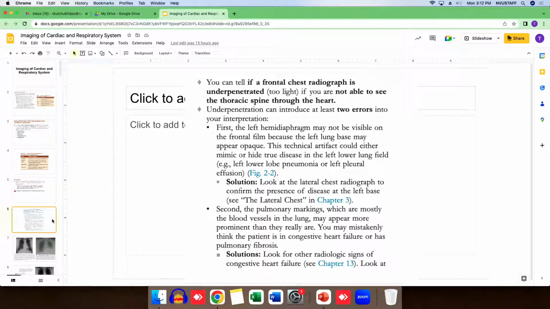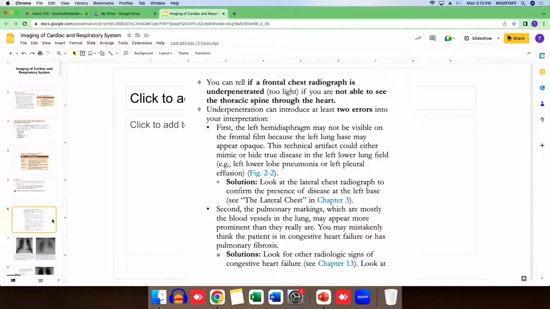First one, the left hemidiaphragm may not be visible on the photo because the lung base appears opaque, meaning that either there is some kind of pneumonia or some kind of disease, or there is another problem, for example, blood vessels are looking more prominent, and that's why we are not able to see our spine through the heart.